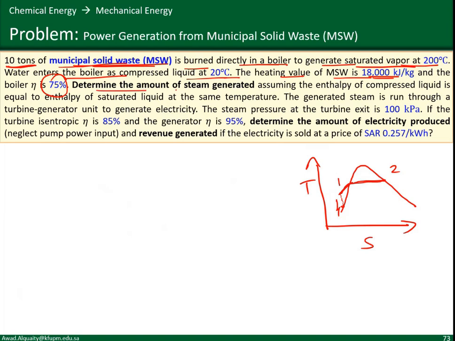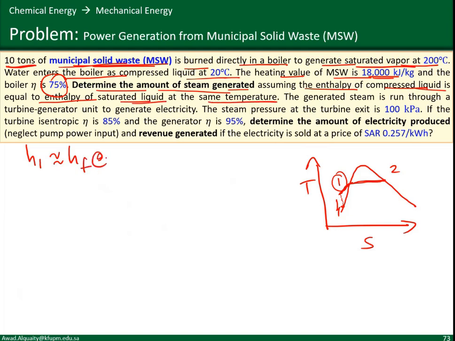Now, the first thing is we need to determine the amount of steam generated within the boiler. So we're looking at the mass of steam generated, essentially. And we are told that we can assume the enthalpy of compressed liquid, which is state 1, to be equal to the enthalpy of saturated liquid, hf, at the same temperature.